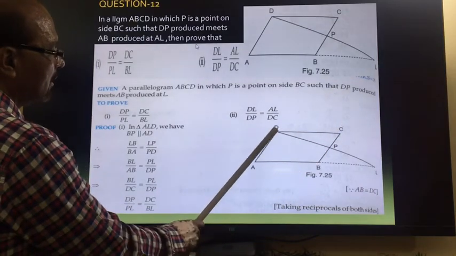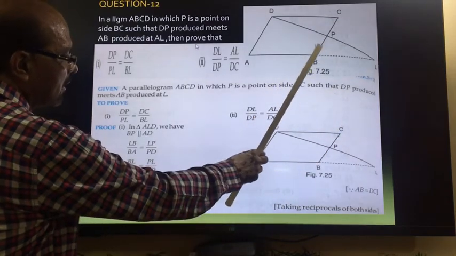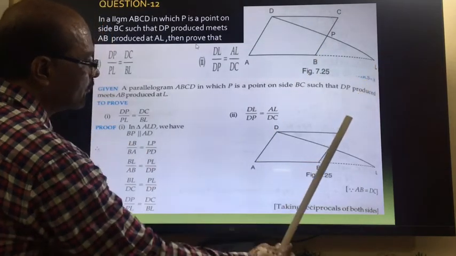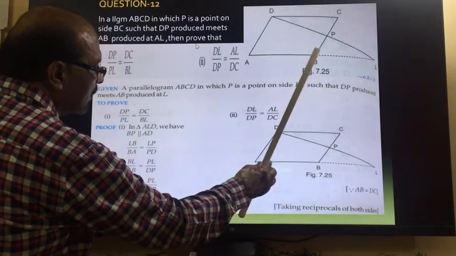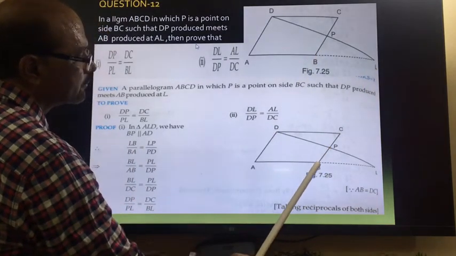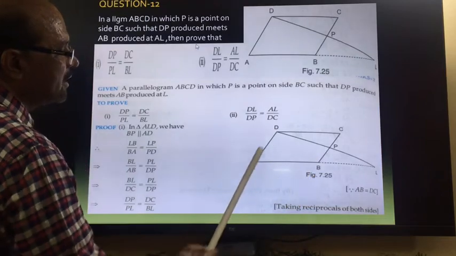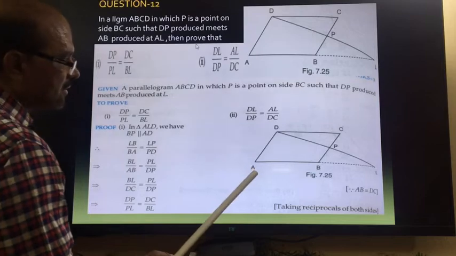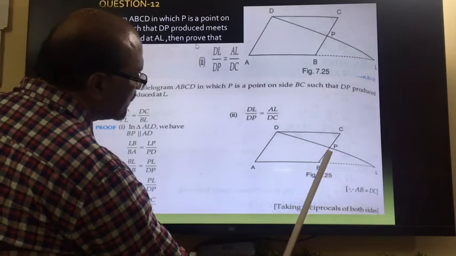So AD and BC both will be parallel. So AD is also parallel to BP, because AD is parallel to BC, because opposite sides of a parallelogram are parallel. So we can say AD is also parallel to BP.